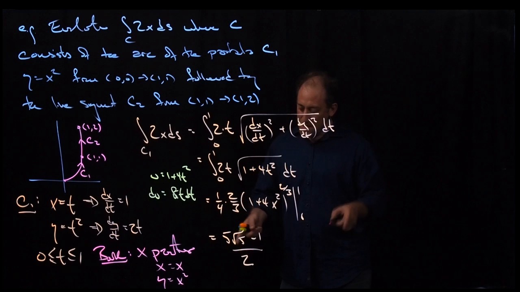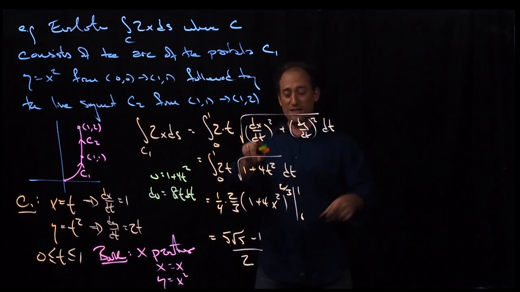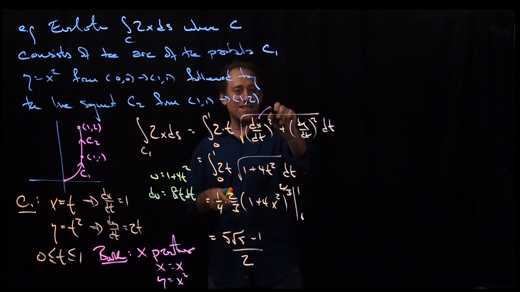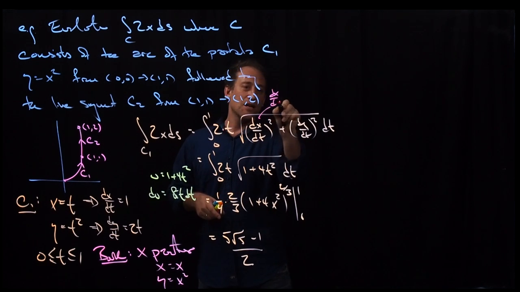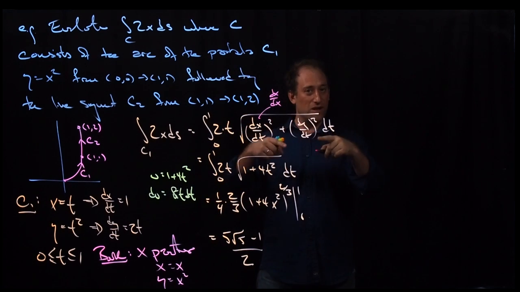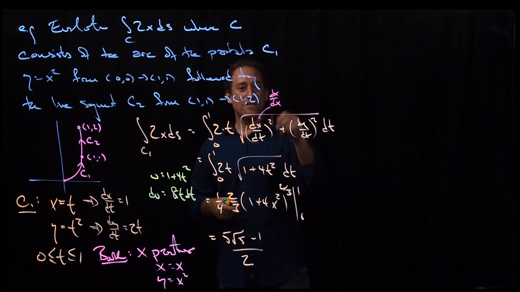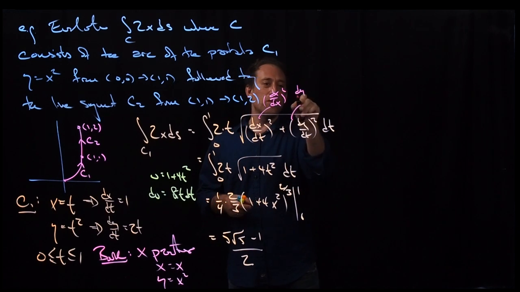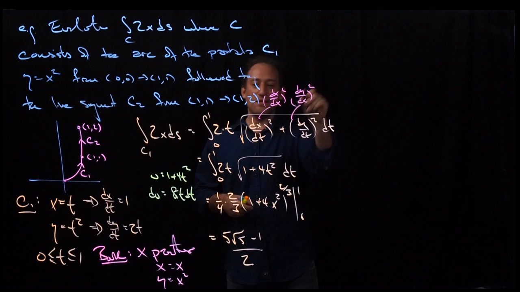However, this means that instead of a dx/dt, you'll wind up with dx/dx because you're differentiating x with respect to the parameter that is itself, obviously squared. And here you'll wind up with a dy/dx squared.